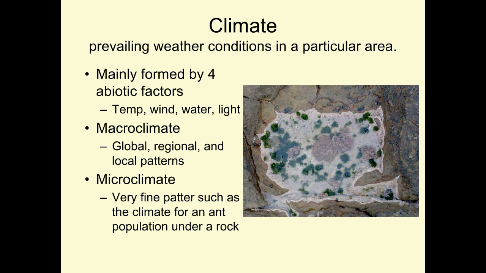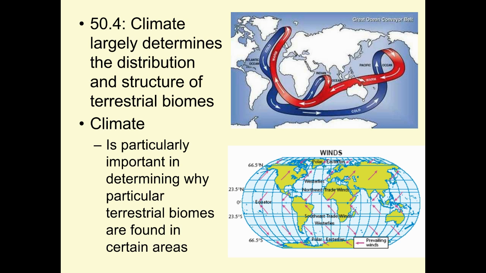So we also have microclimates, though. We've actually talked about this before, with enzymes. Remember enzymes? They can create their own little microenvironments. So the climate can be on a small scale as well. Underneath the rock can be its own little individual climate. Climate is really what drives all of our biomes.